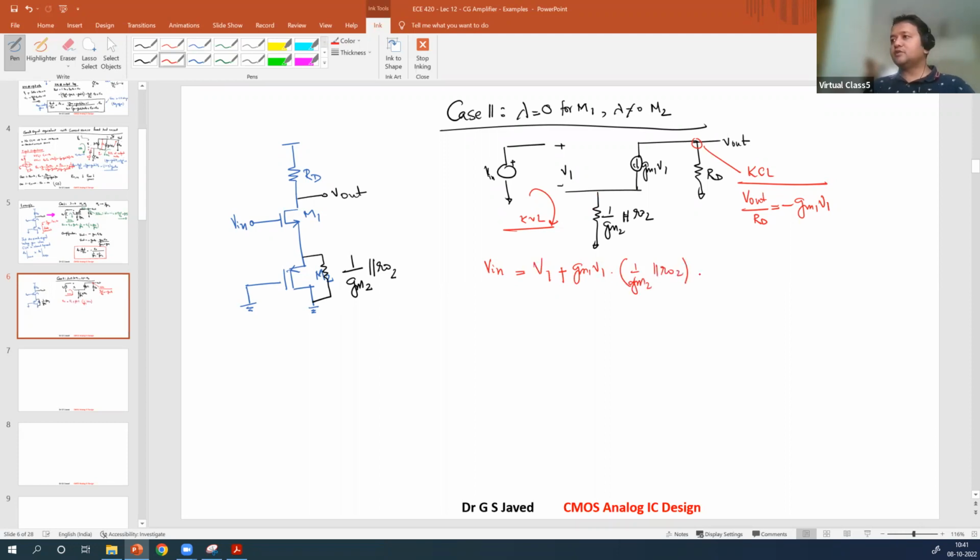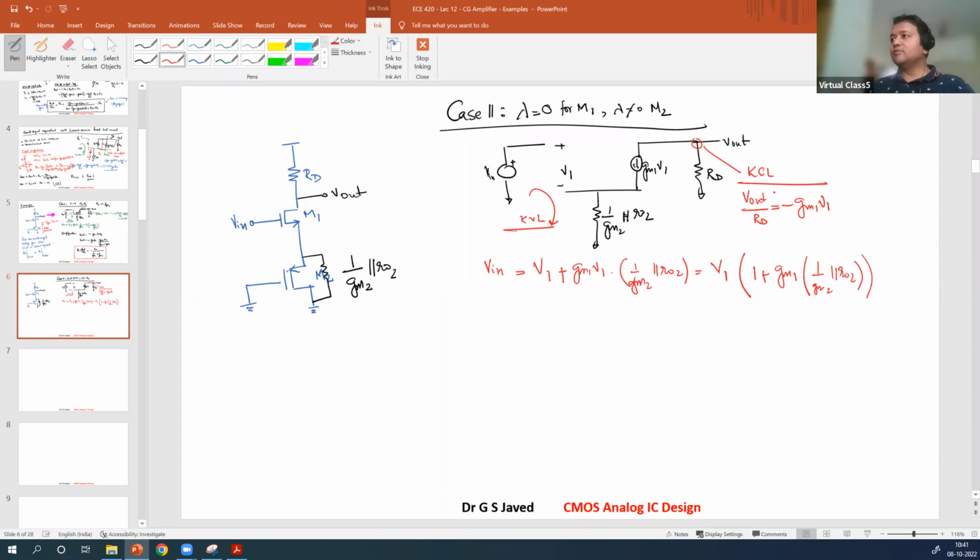Now if you simplify, since there is V1 on both sides, 1 plus gm1 multiplied by 1 over gm2 parallel with RO2.